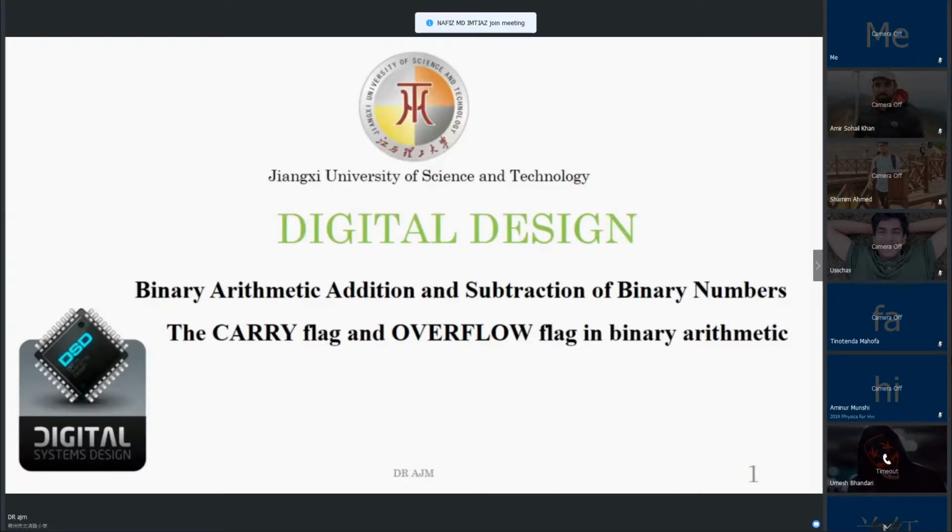Today is your last day for task number 3. I wish that you solve it, and then I will put the solution for task number 3 soon.